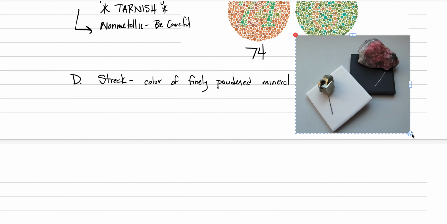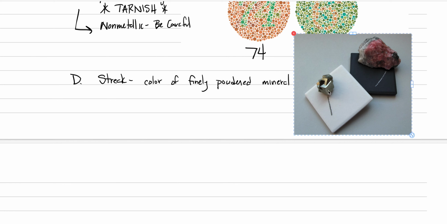So here's an example of pyrite being scratched on white porcelain, leaving behind a black streak. You know what's unusual about that? Look at the color. Pyrite is gold, right? But its streak is actually blackish with green specks. So the color of the finely powdered mineral is not necessarily the same as the mineral itself. Here is, I believe, rhodochrosite, and it leaves a white streak, even though the mineral itself is pink.